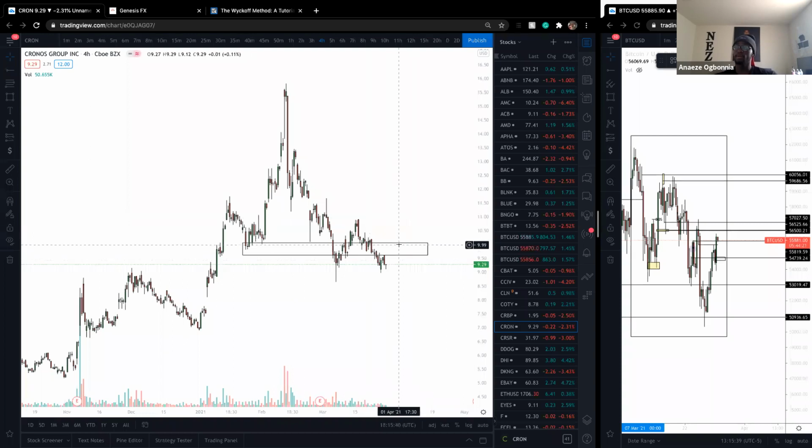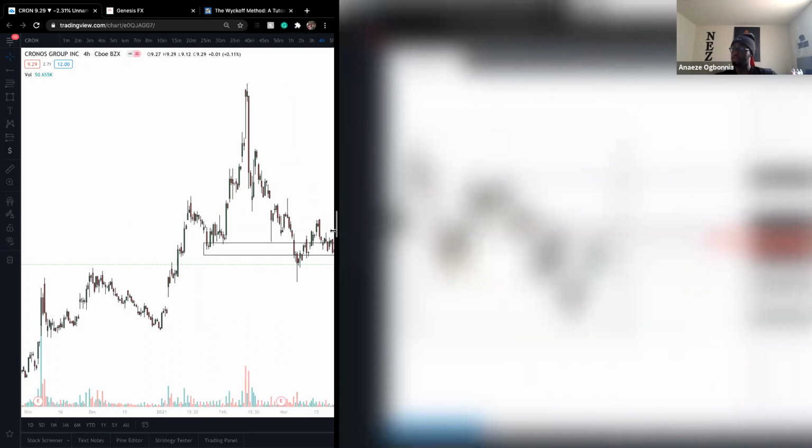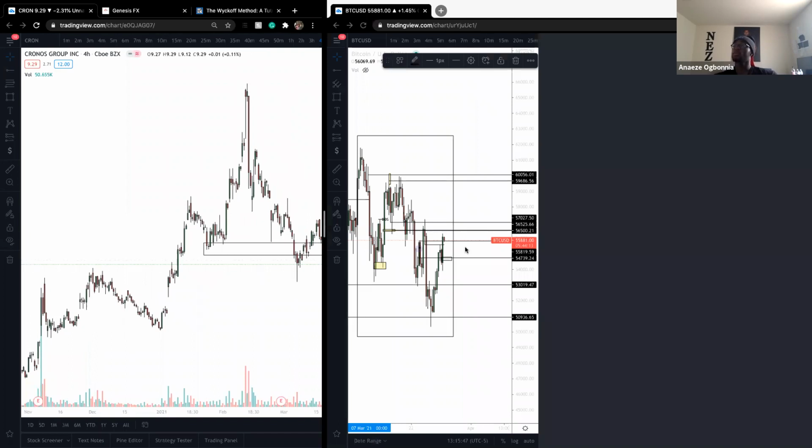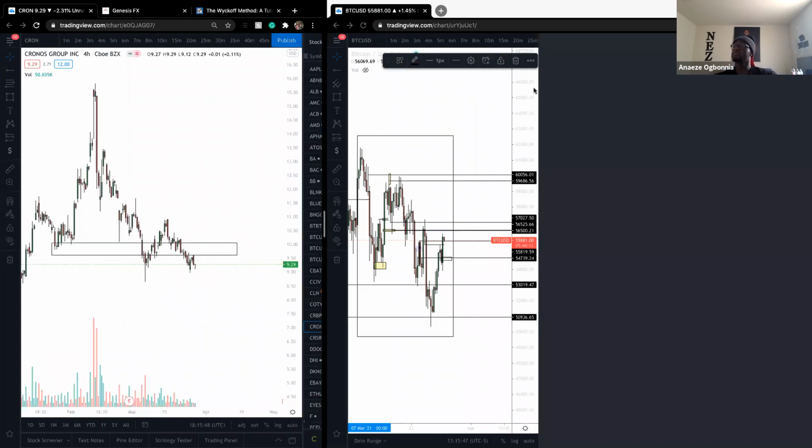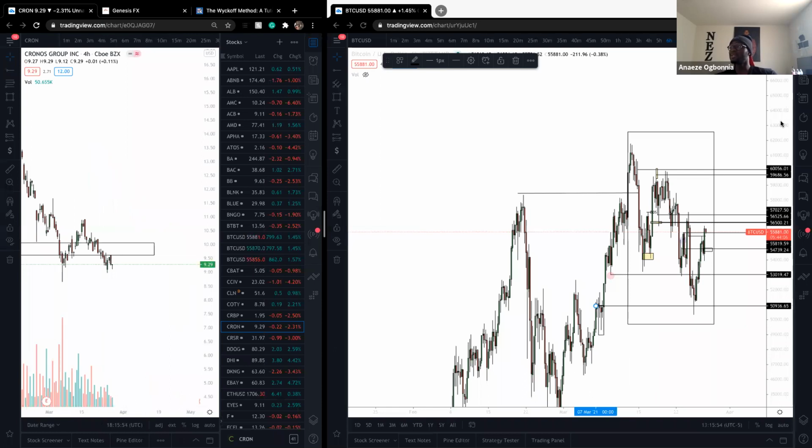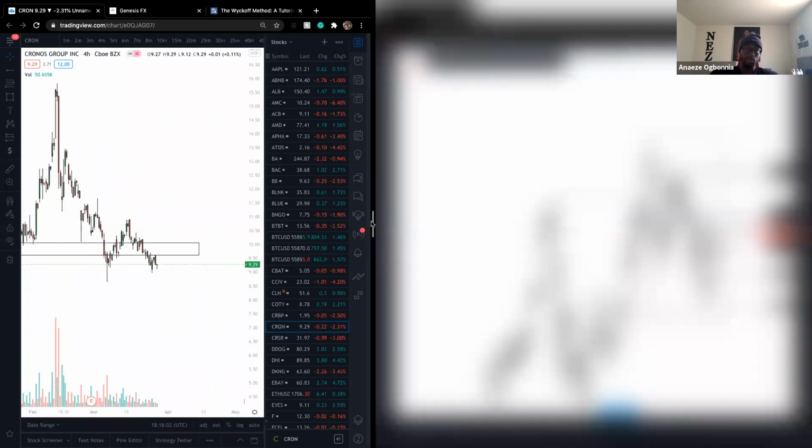If this follows BTC, technically Bitcoin is still bearish until it breaks 57, so it makes sense why Cron is bearish right now.